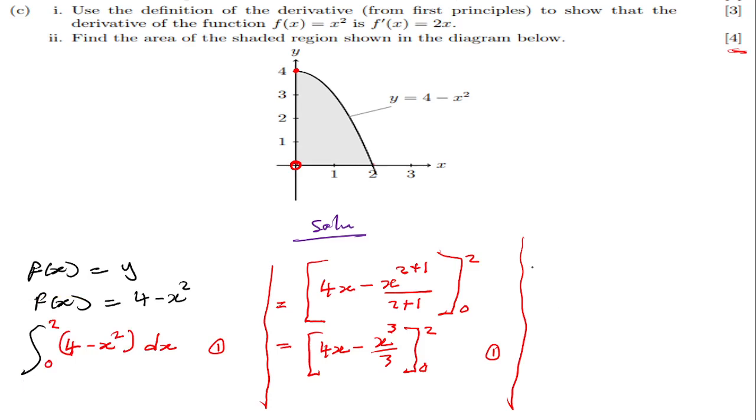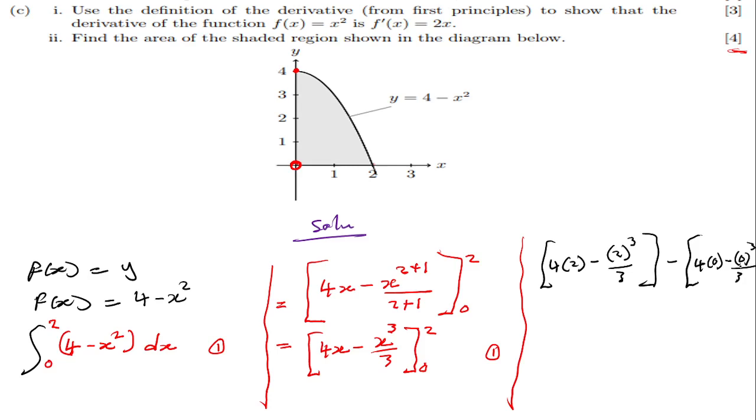What you're now going to do is replace those guys. Where there is x, you're going to put 2. So you say 4 times 2, and then minus 2 cubed over 3, and then minus. Remember to write everything. So you say 4 times 0, and then minus 0 cubed over 3. You know this part will be 0, so no big deal.